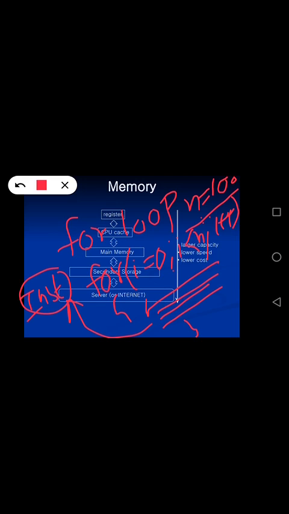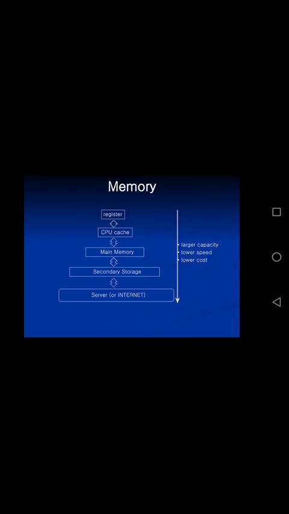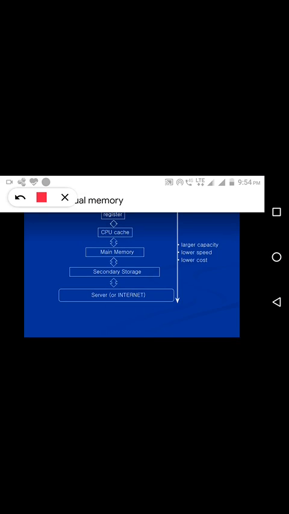Here you may get a doubt: why can't these frequently accessed data or frequently executed instructions be stored in registers?